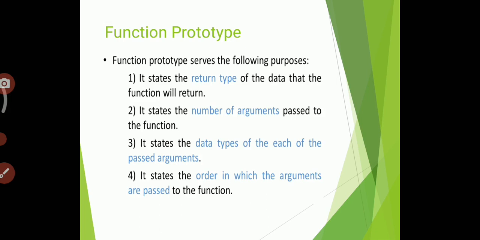It states the number of arguments passed to the function. It states the data type of each of the passed arguments. It states the order in which the arguments are passed to the function.